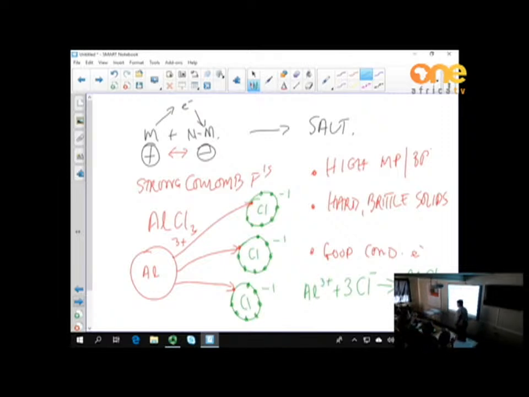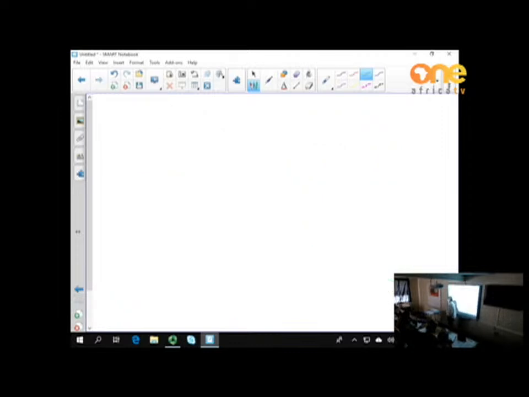Why do you have 3 chlorines? Because the formula tells me I have 1 aluminium and 3 chlorines. Okay. All right. People remember that we can get double and triple bonds. For example, the oxygen molecule. Oxygen has got 6 electrons in its outer shell, it's looking for 2.